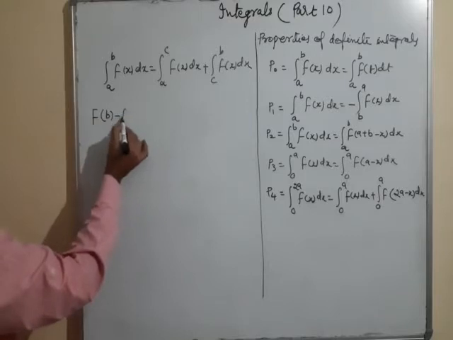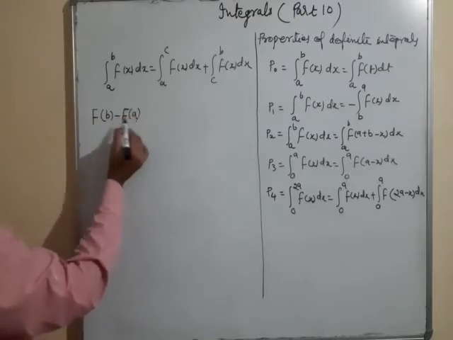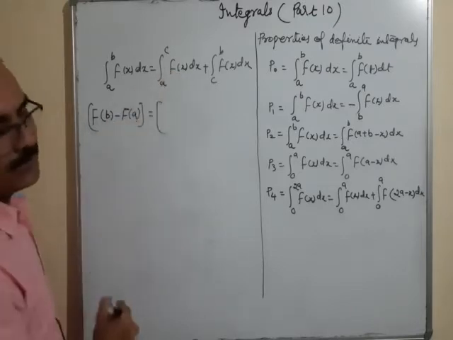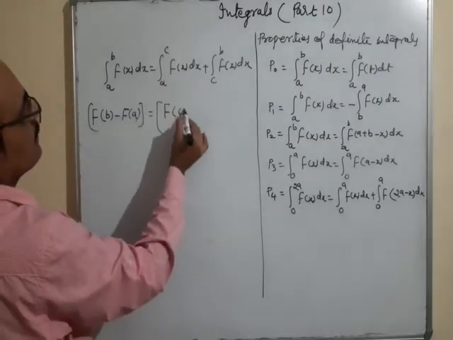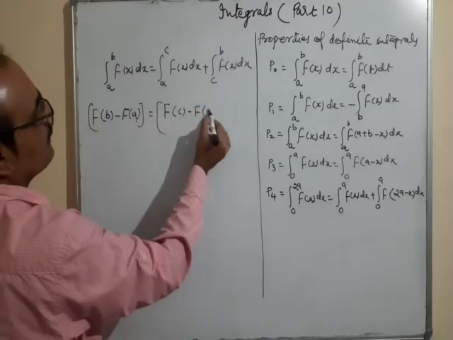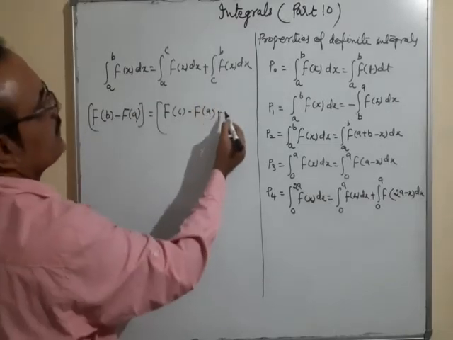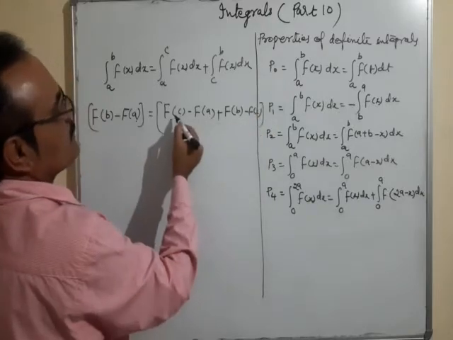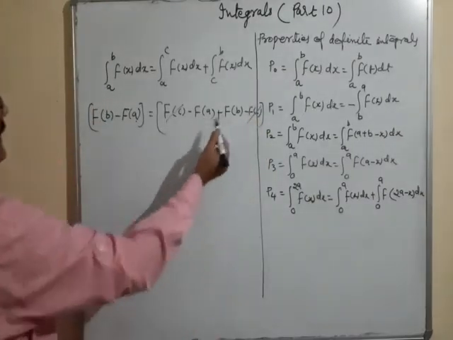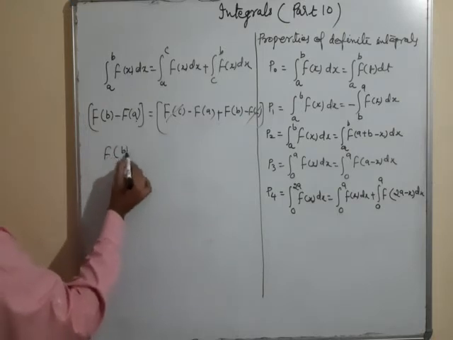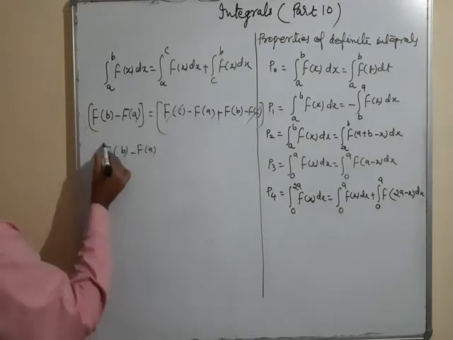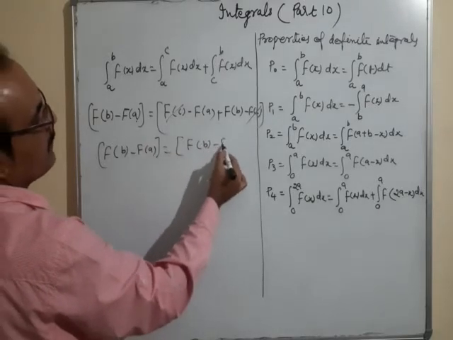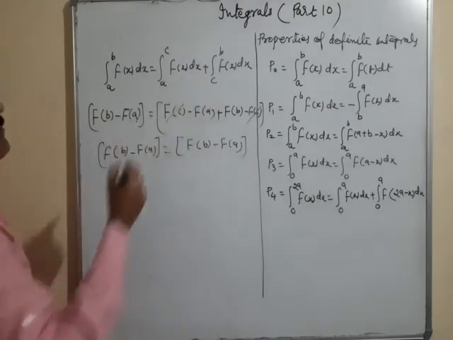F of b minus f of a, is equal to, now let us see the answer of this term: f of c minus f of a plus f of b minus f of c. So f of c cancels, and I can write f of b minus f of a is equal to f of b minus f of a. Okay, so this is the verification of this property.